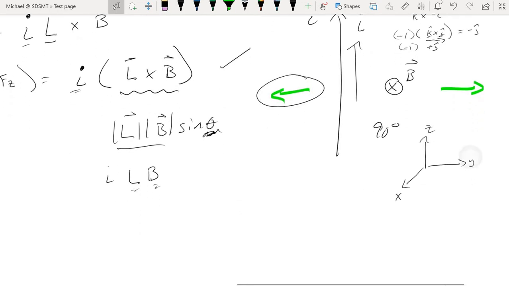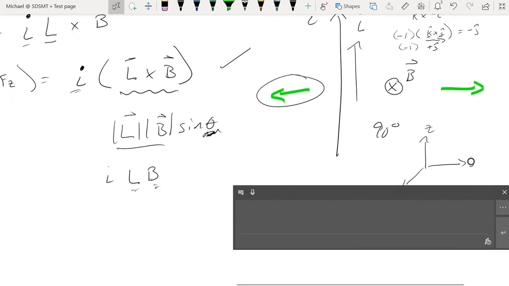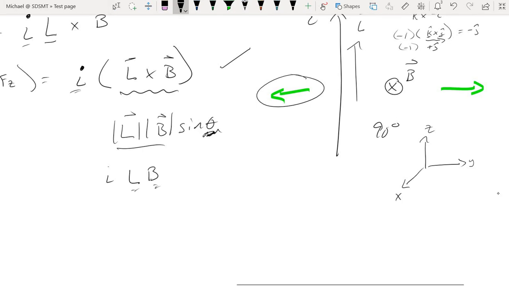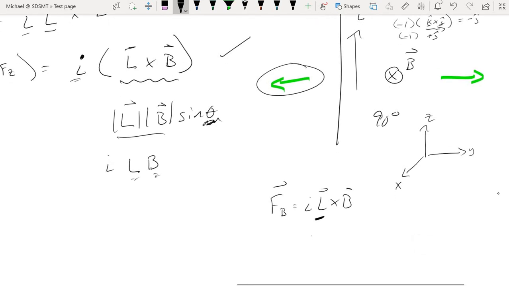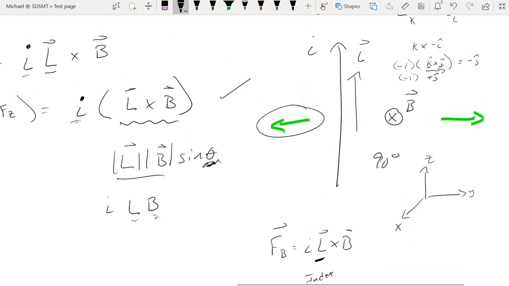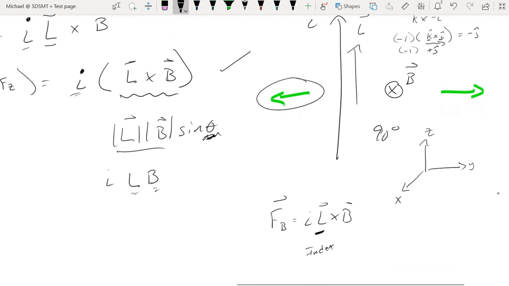If you prefer to use your right hand rule, you can also do that. Right hand rule says the first vector in your evaluation is your index finger. So you have to point your index finger in the k-hat direction.